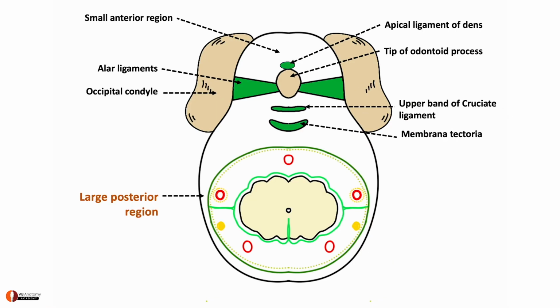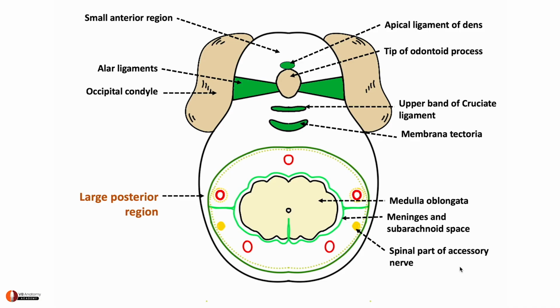In the large posterior region, you find medulla oblongata surrounded by meninges and the subarachnoid space. Can you see pia mater, arachnoid mater, dura mater? All of them there. You also find the spinal accessory nerve, the vertebral artery, one anterior and two posterior spinal arteries.